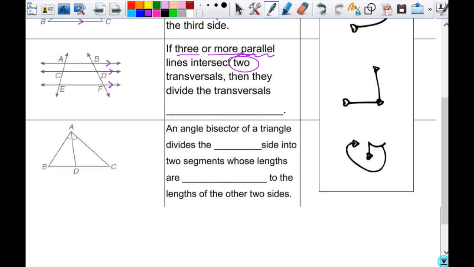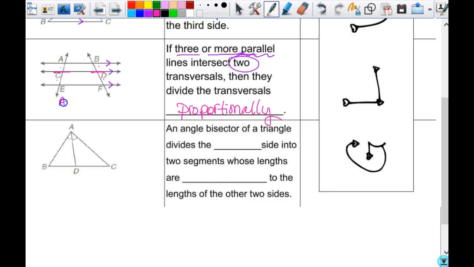When that happens, then they divide the transversals proportionally, which means, again, that my little fractions are set up by these lines. They're my fraction bars. This piece over this piece equals this piece over this piece.